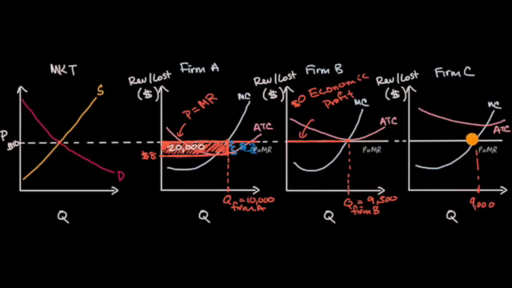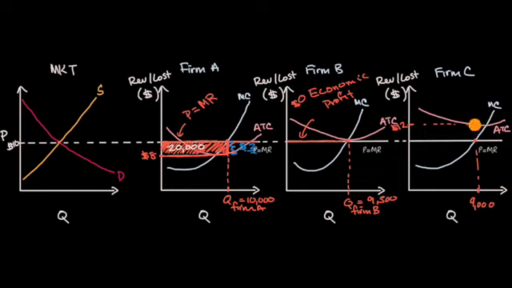And what's its average total cost then? So at 9,000 units, its average total cost, let's say that is $12 right over there. So what's its economic profit? For every unit it's selling, it's getting $10 and it's costing $12 on average to produce it. So it's taking an economic loss of $2 per unit.